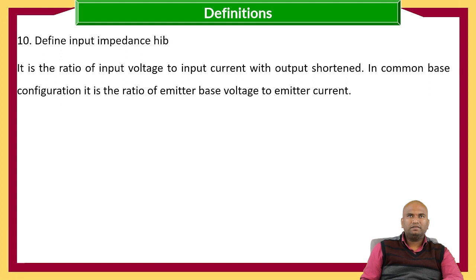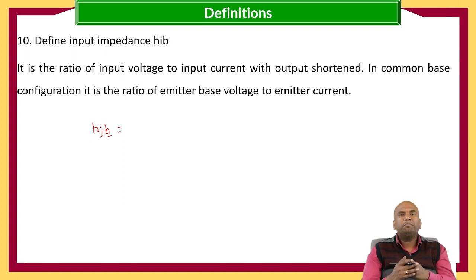Define input impedance HIB. Here I is input, B is the common base. Input impedance is the ratio of voltage phasor to the current phasor. So input impedance is the ratio of input voltage to the input current with output short circuited.